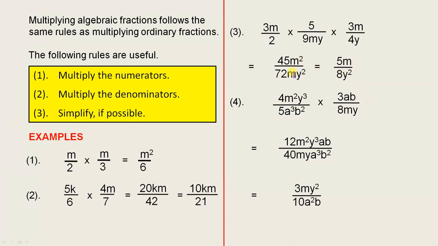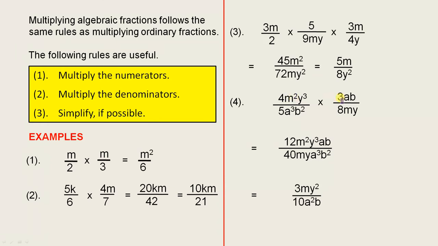Now m squared over m, when we cancel those two, so you got m times m here, and here you just have m, so that leaves us with m in the numerator. Down here we have a y squared in the denominator, so that stays there, and there is the simplification. So that whole string there of terms multiplied together simplifies to that.